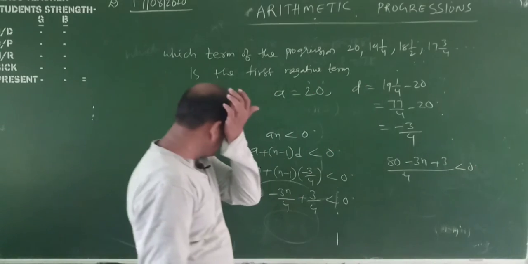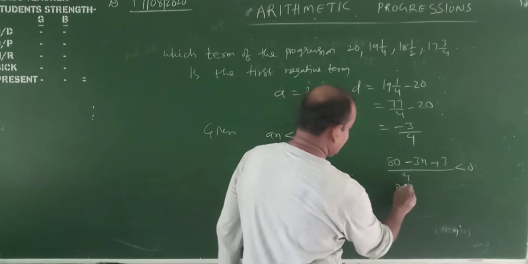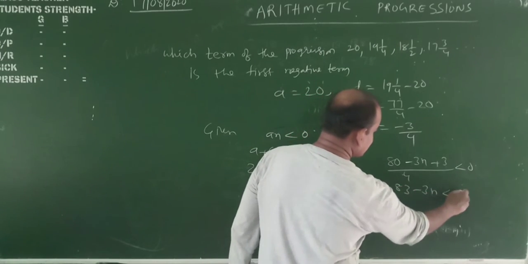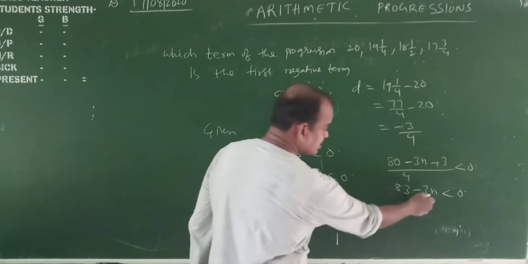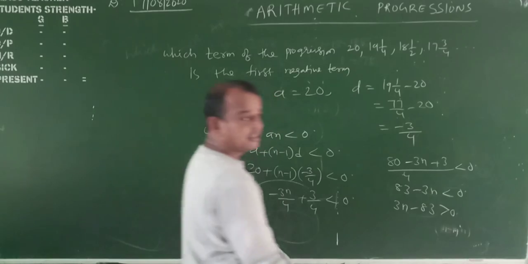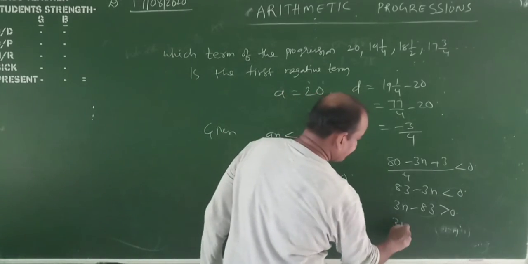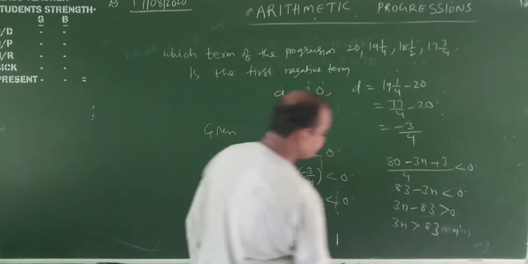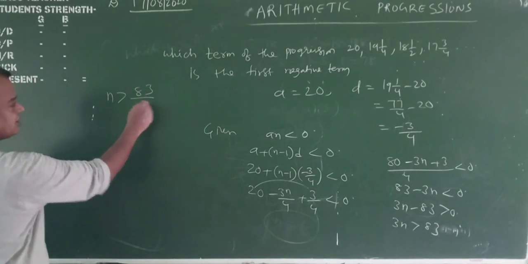Okay, my dear students. 80 plus 3, 83 minus 3n is less than 0. Now multiplying with minus, whenever we multiply with minus, 100% the less than will change into greater than. 3n is greater than 83, n is greater than 83 by 3.